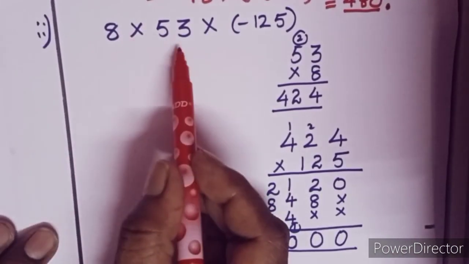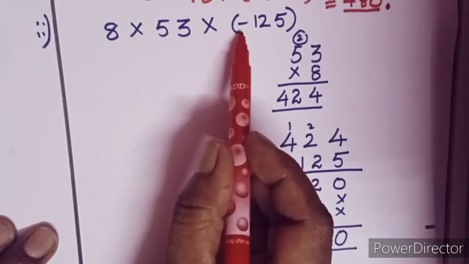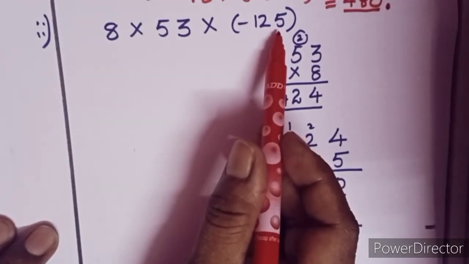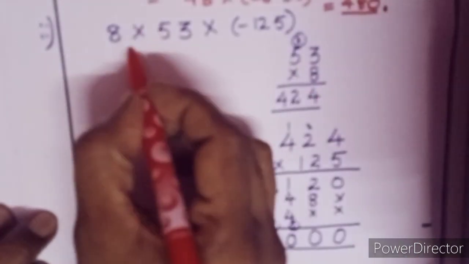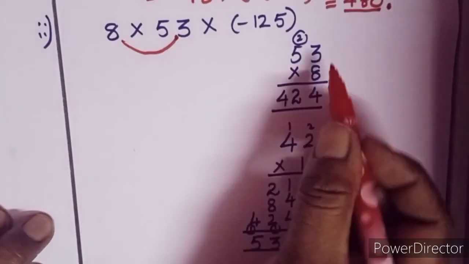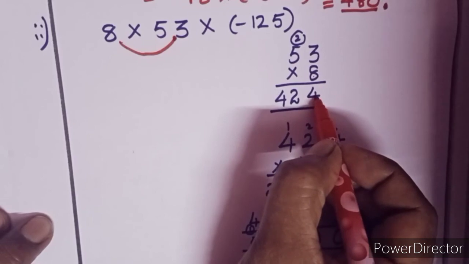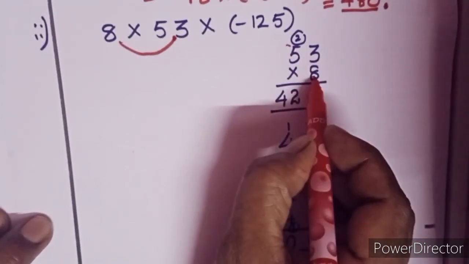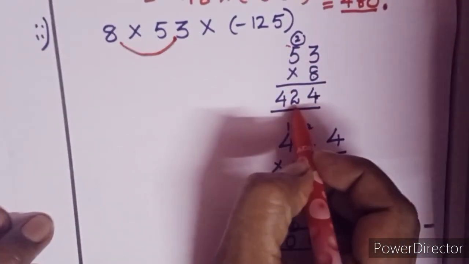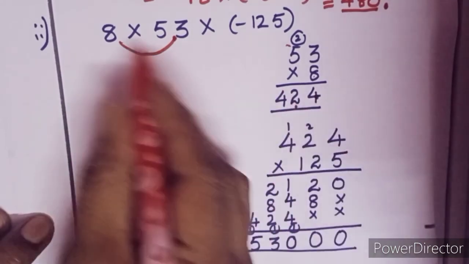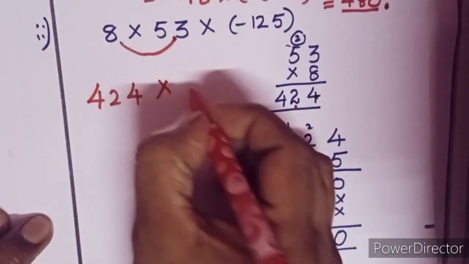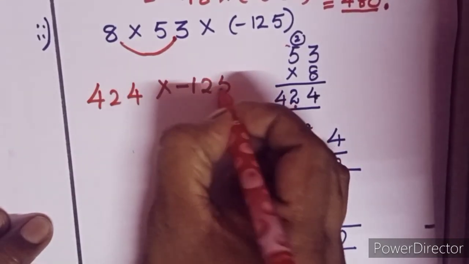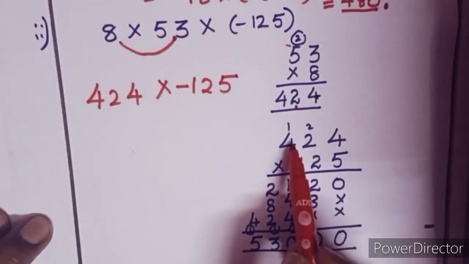8 into 53 into minus 125. This is closure, A into B into C or A into B. First 53. Let us multiply 53 by 8. 3 eights 24, children. 4 down, 2 up. 5 eights 40. 40 plus 2 is 42. So we get 424 into minus 125.